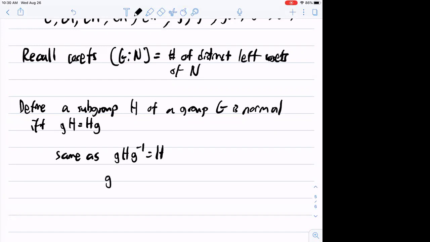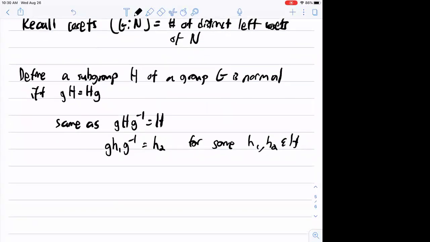It means that g h1 g inverse is equal to h2 for some h2. The h1 and h2 could be different, because that's what capital H means. The element doesn't have to be the same, it just has to lie in H. Examples would be abelian groups: for abelian groups, all subgroups are normal.